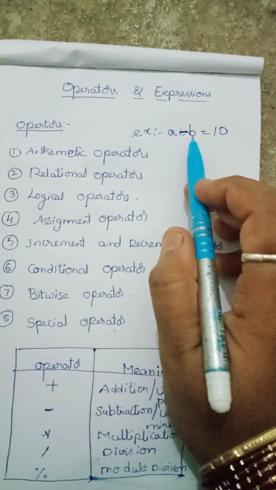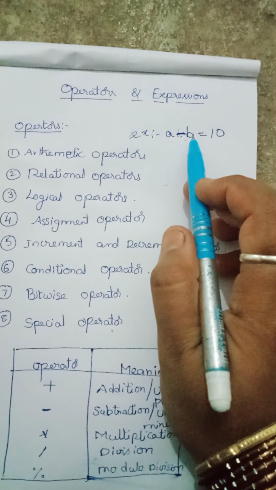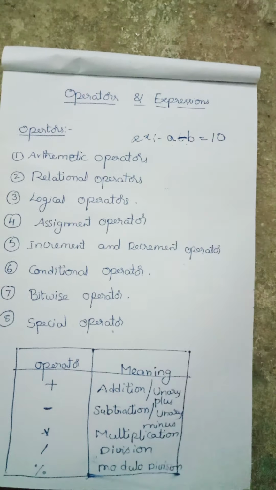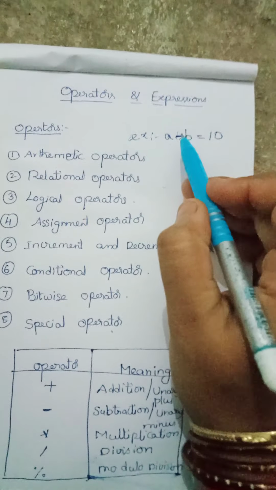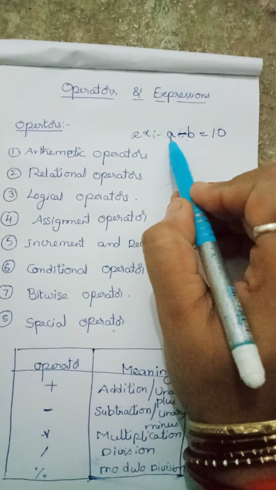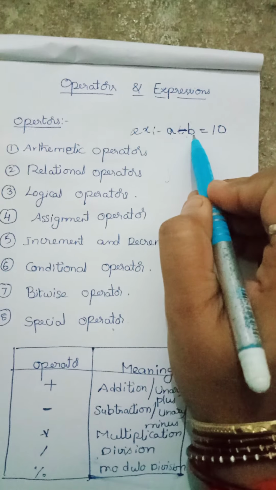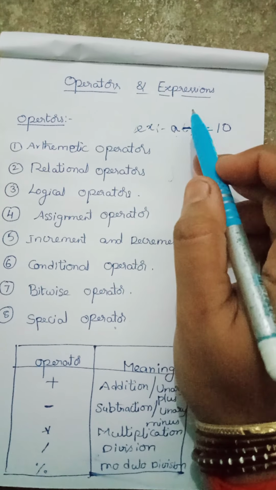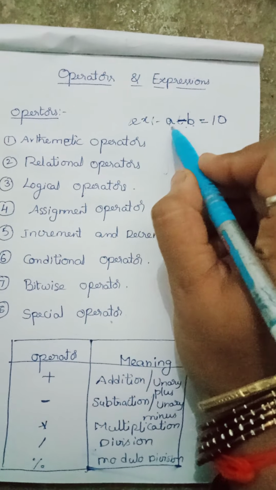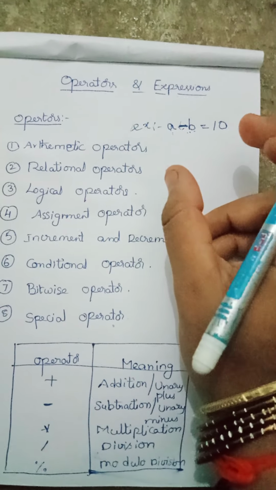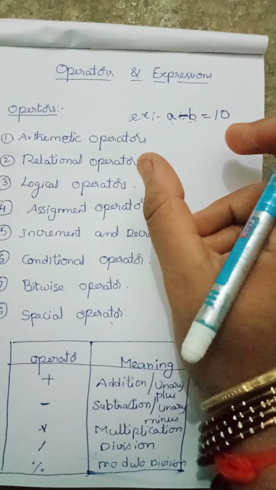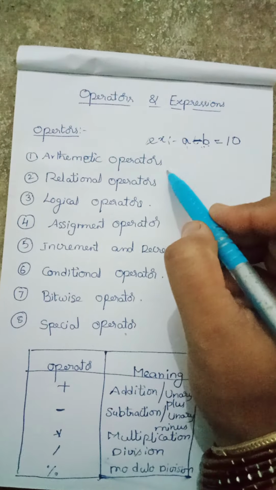The data items that the operator acts upon are called operands. Here A and B are called operands. What are the types of operators?